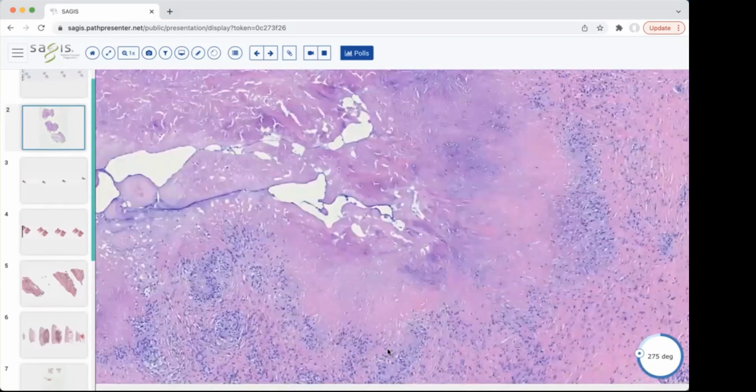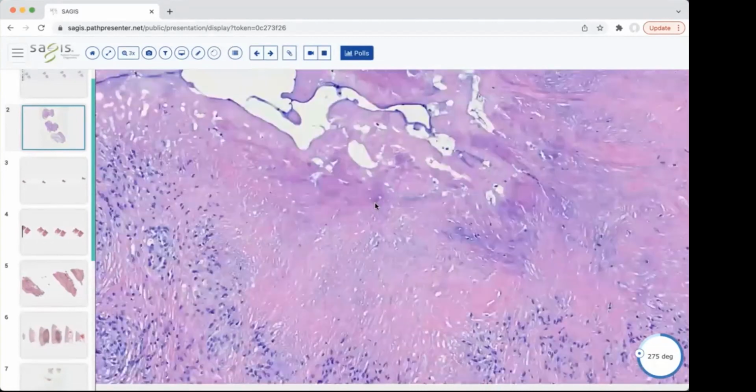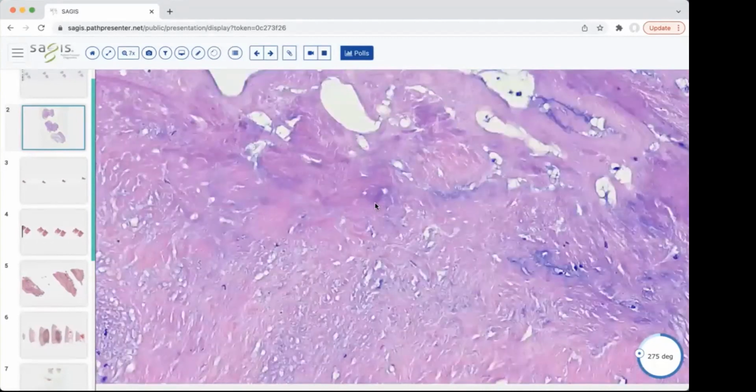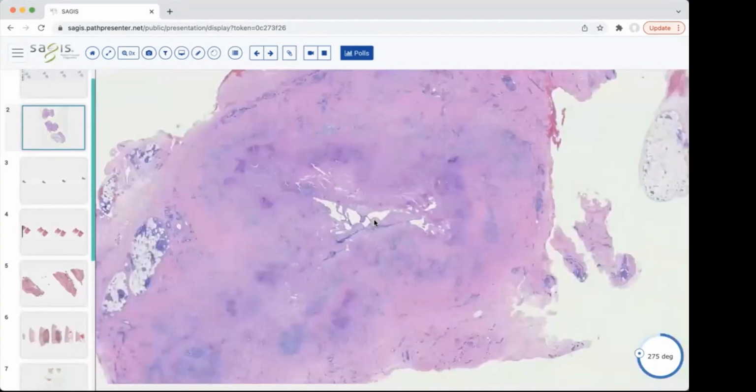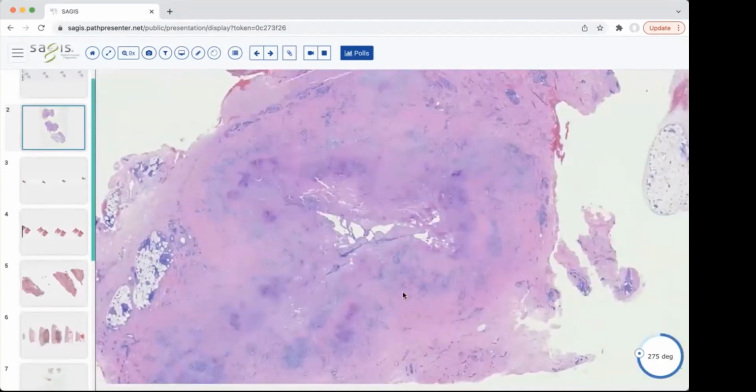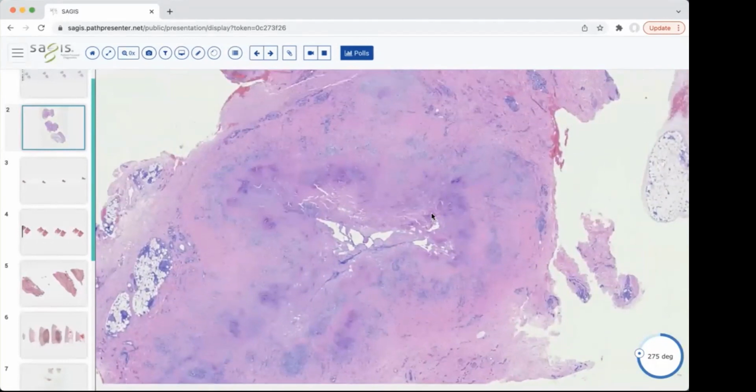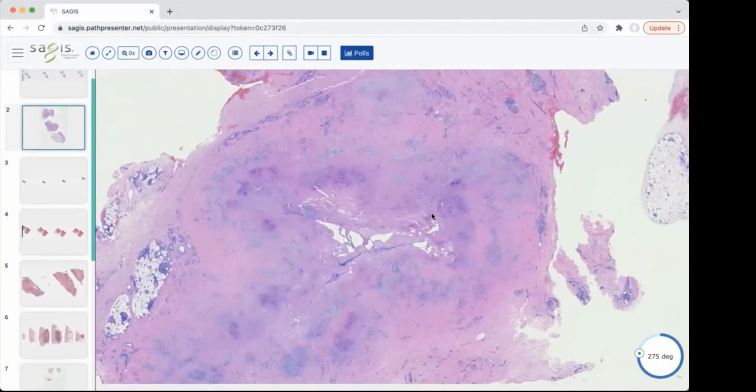Here's that nice palisade of histiocytes, and then the degenerated collagen here in the center. And so as opposed to the blue hue that we were seeing previously in granuloma annulare, this diagnosis, rheumatoid nodule, has that red color. And it contrasts nicely with GA that way.